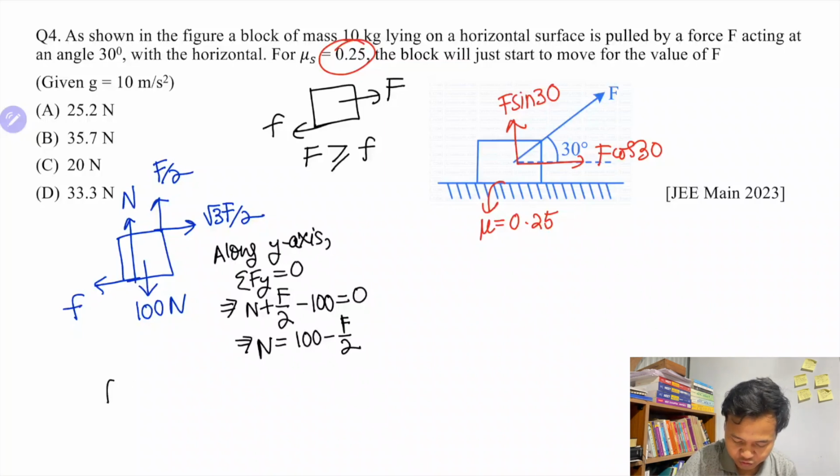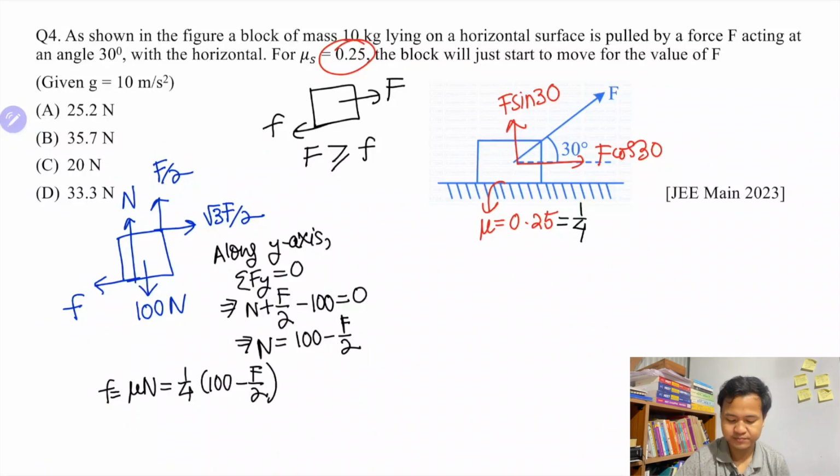The friction force is mu into N. Mu is 0.25, which is basically 1 by 4. So 1 by 4 into 100 minus F by 2 is your friction force. Given the condition, the horizontal component of the force must exceed the friction force.